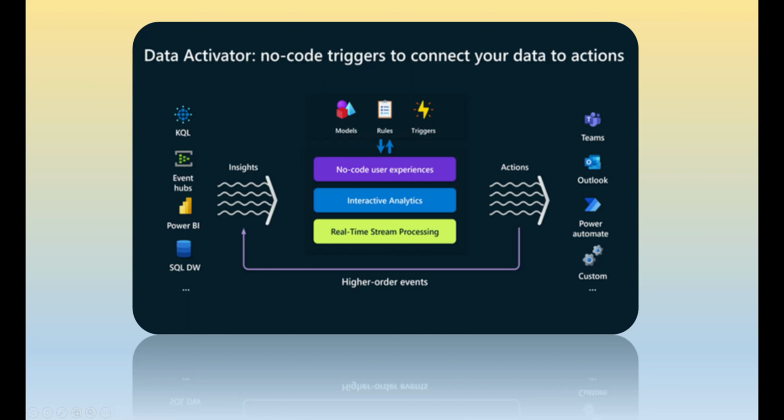Once any data comes in that matches the rule you have written, it will automatically catch it and trigger. After it triggers, it will be actioned using any of these: Outlook, Teams, Power Automate, or anything. So you are taking actions in time, without any coding experience.